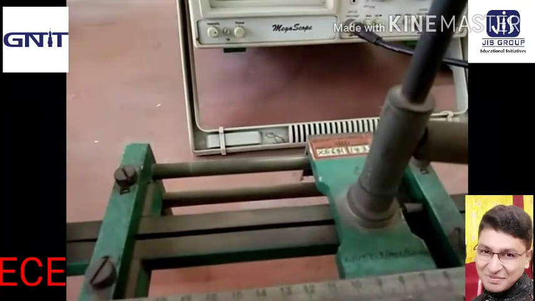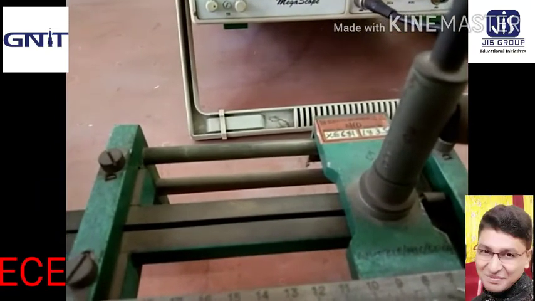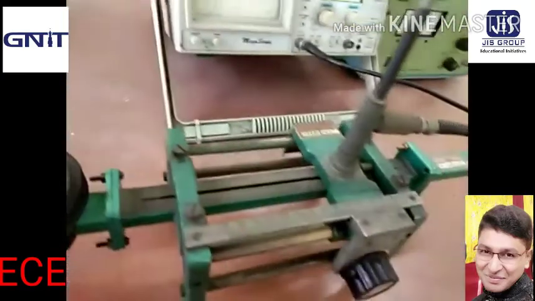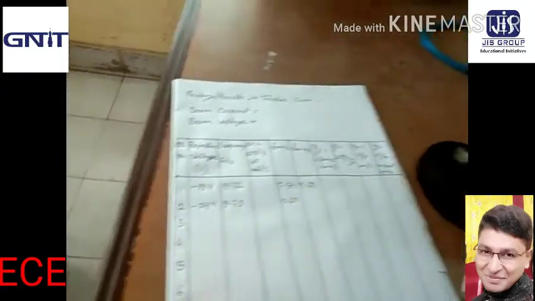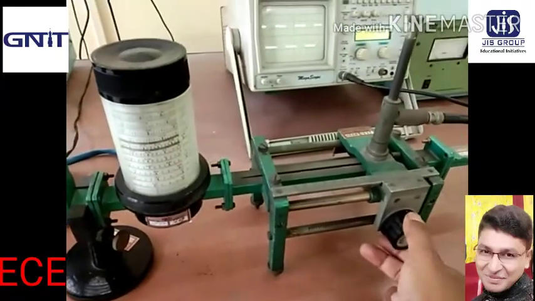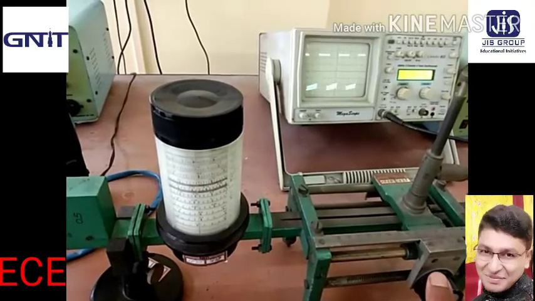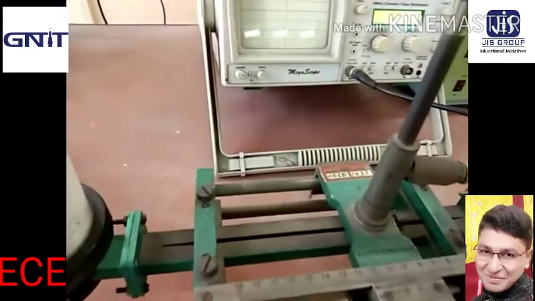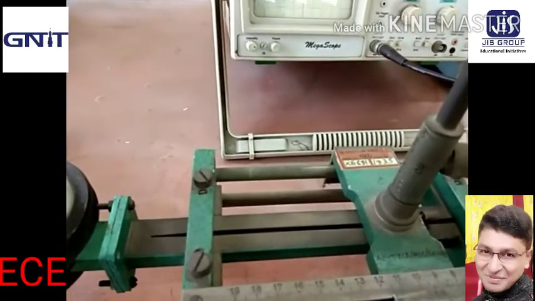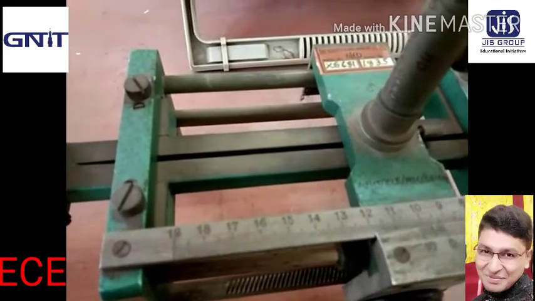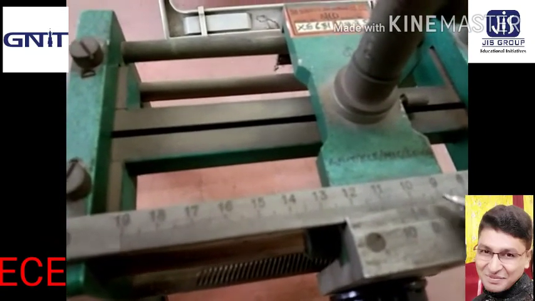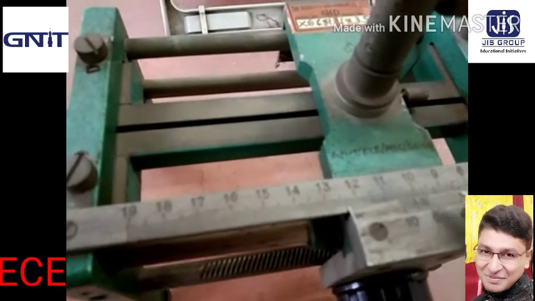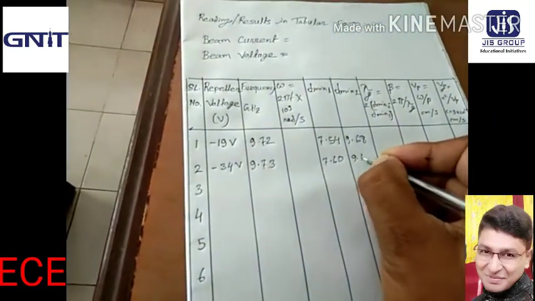This is D min 1, 7.60. And D min 2, this is D max, this is D min 2, 9.60.